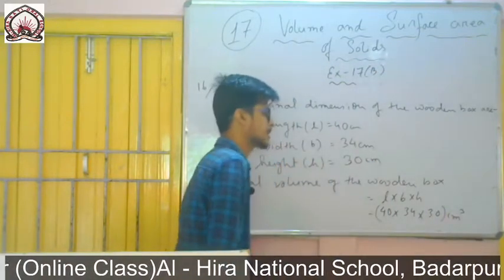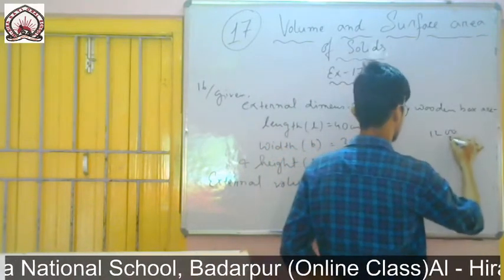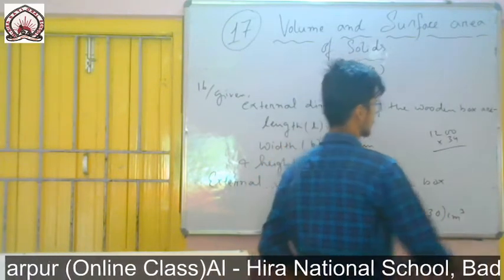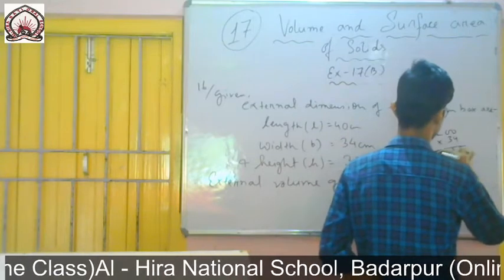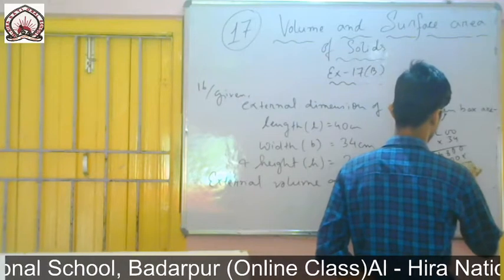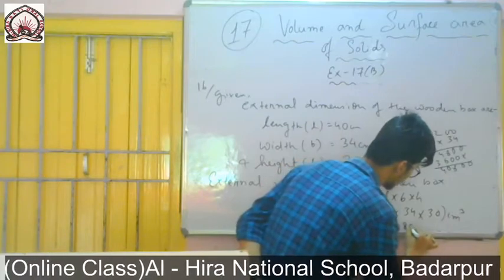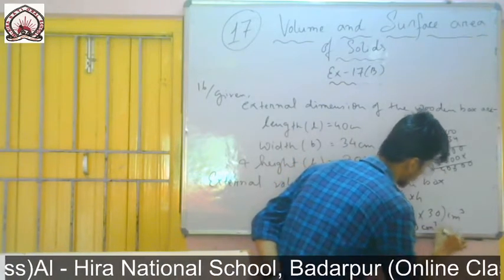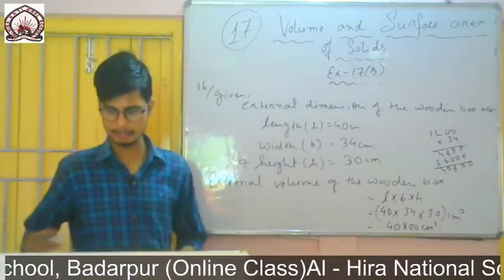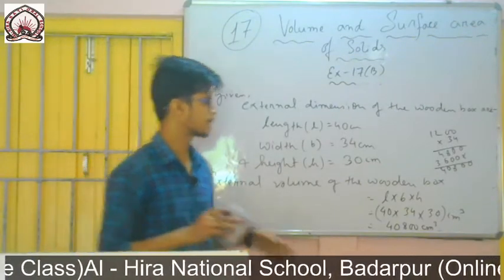Unit will be centimeter cube. 4 3s are 12, that means 1200 into 34. So this is the external volume of the box, 40800 centimeter cube.